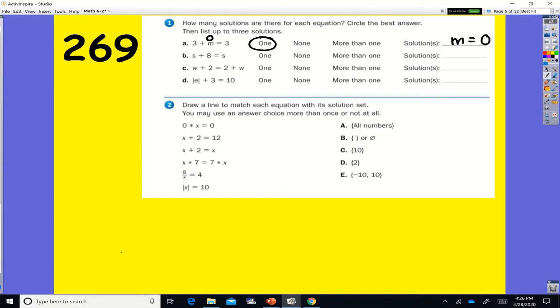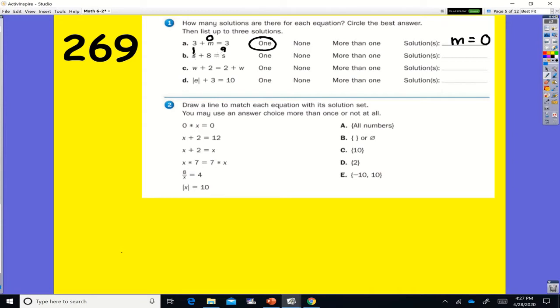What we are doing is making the solution true. Now, s, which is our variable, plus 8 equals s. So whatever we put in here has to equal this here. Let's start with 0. 0 plus 8 gives me 8. That doesn't work because my two s's are not the same. So we have to be very careful that they're the same. Let's try 1. 1 plus 8 equals 9.